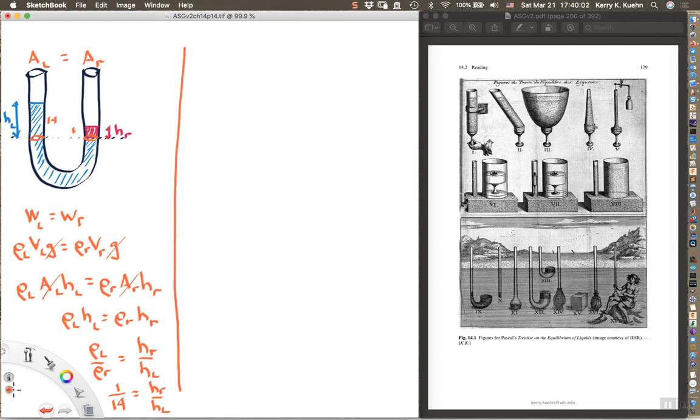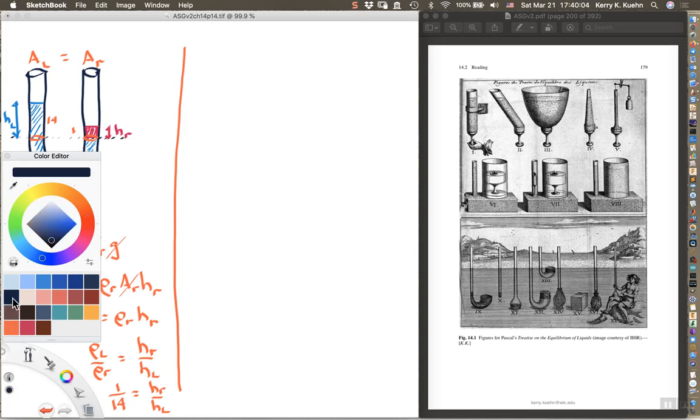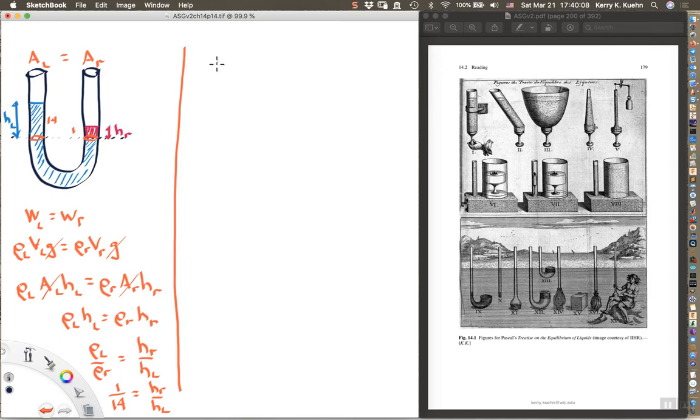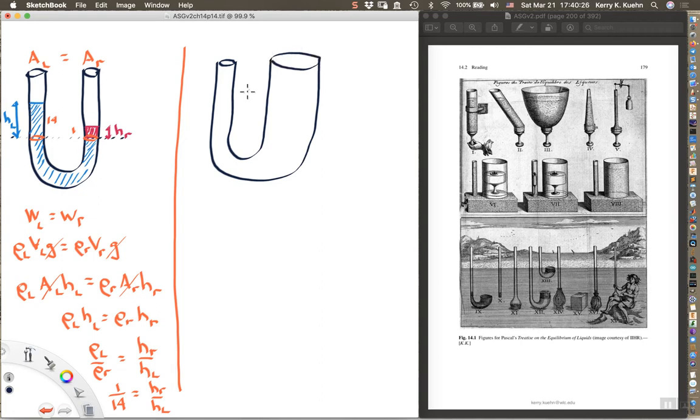let's suppose instead of having a constant diameter tube, we have a tube that has an uneven diameter. This is a little bit more like the case that Pascal is going to talk about. So we have a wide tube on the right and a narrow tube on the left. And once again, let's suppose we fill this with water on the left and we pour a little bit of mercury on the right. I'm going to draw this suggestive line once again.